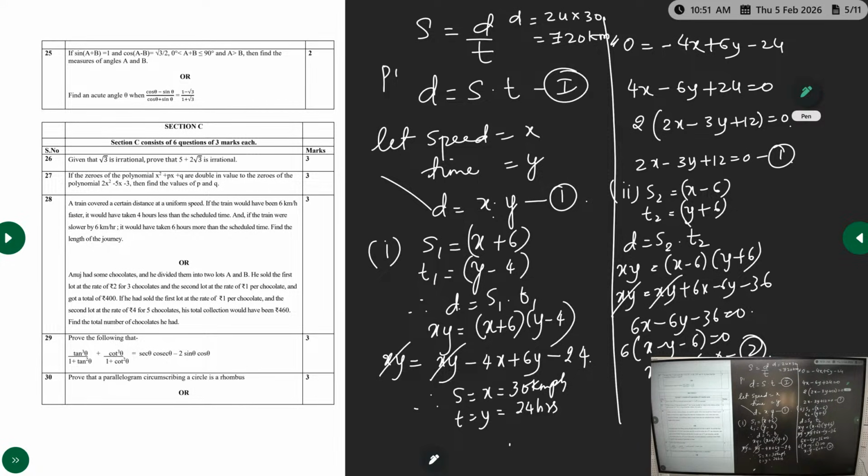Total chocolates are how many? Lot A is how many chocolates and lot B is how many chocolates? Okay, note down.